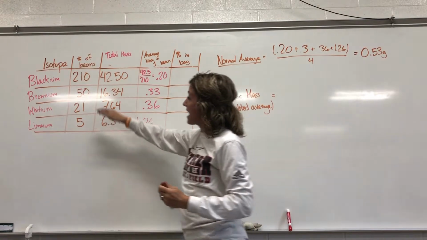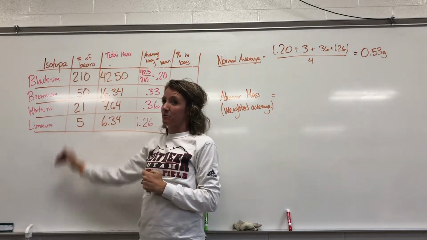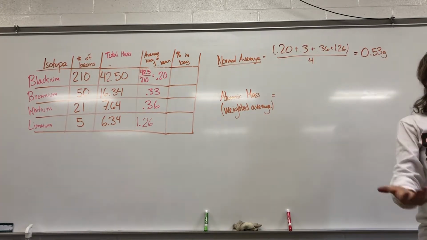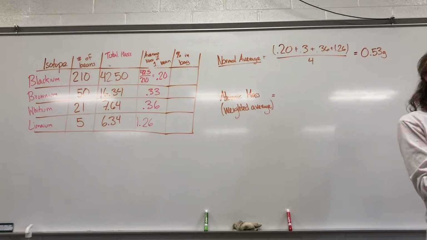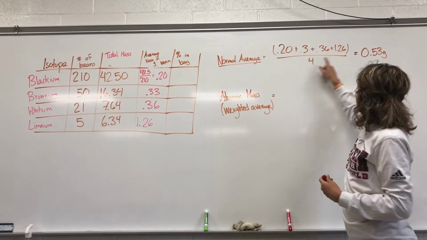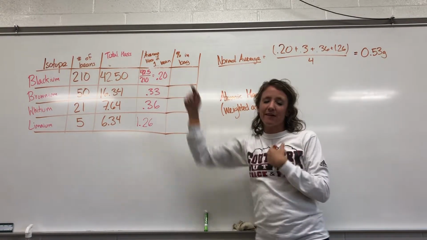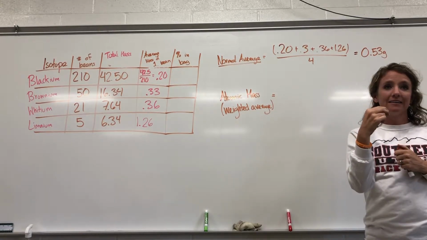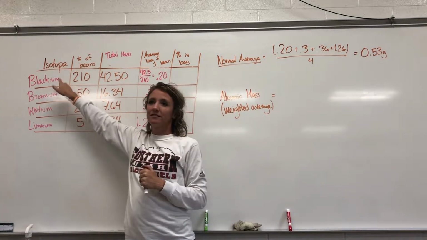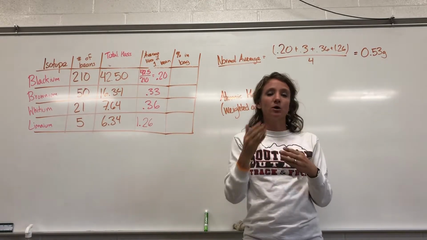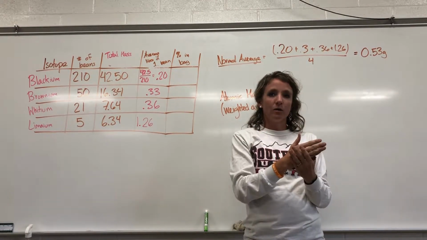For me, I have way more blacium than I have of the other ones. So my average should be shifted towards whatever blacium actually weighs. And 0.53 is a lot higher than 0.2. Because for me, if I close my eyes and reach into my bag, I'm most likely going to pull out a blacium.